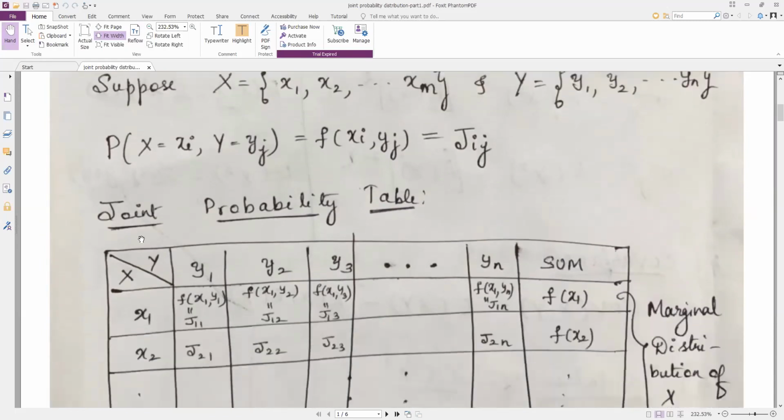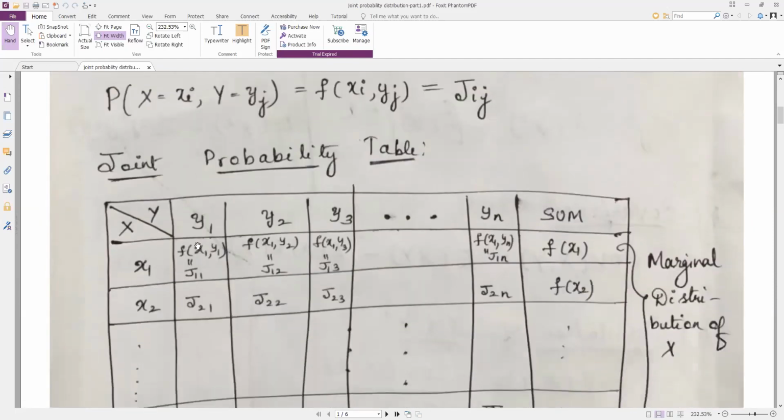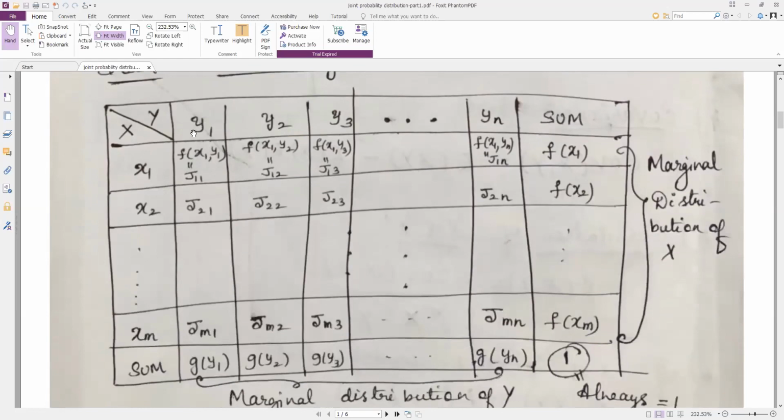Now we have to form the joint probability table in the case of problems. How to do it? I'll illustrate. You need to write random variable x here and random variable y here, and make a partition over here. This column consists of random variable x values, so the given x values you write over here, and the y values you write over here. Clear?